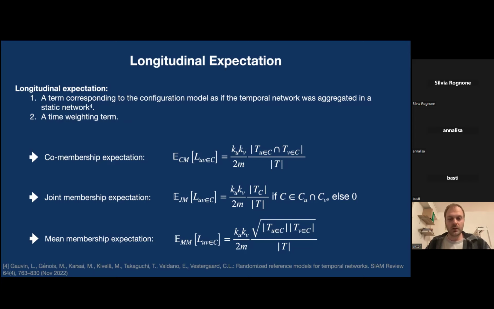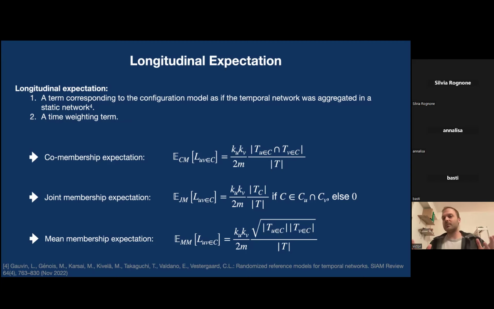So we present two more longitudinal expectations. The second one, the joint membership expectation, depends on the size, on the duration of the community. So it will favor, like I say, rectangular communities where all nodes start to belong to the same community together, and they cease to belong to the same community together.